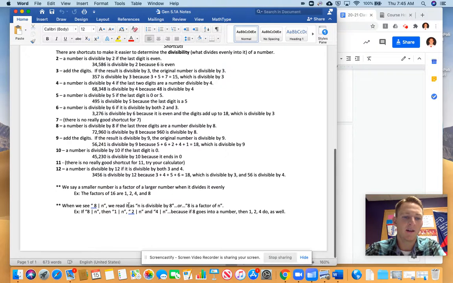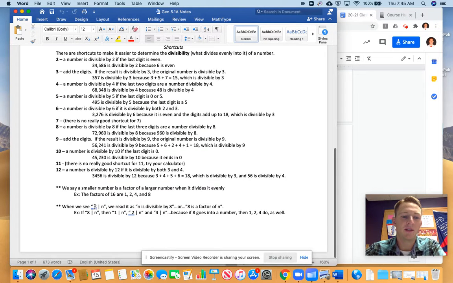And then just some notation. When we see, for example, 8 and then this vertical line, n, we read this as n is divisible by 8, or 8 is a factor of n. You can see that right there.